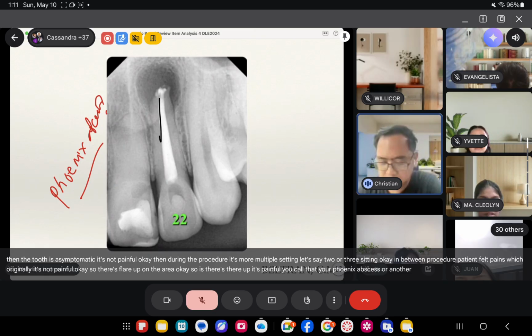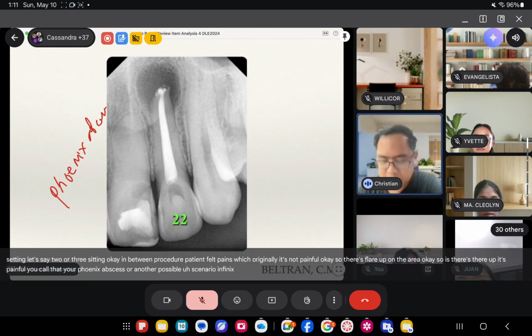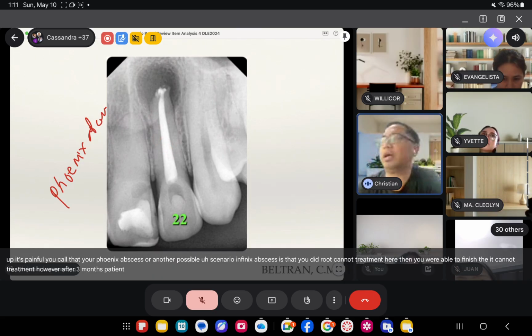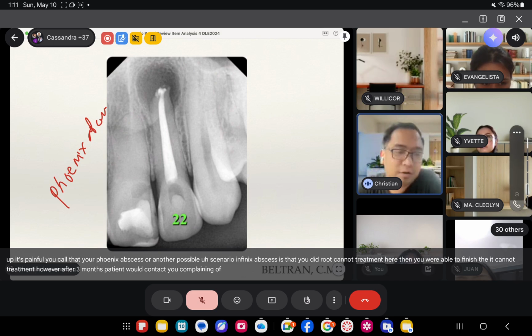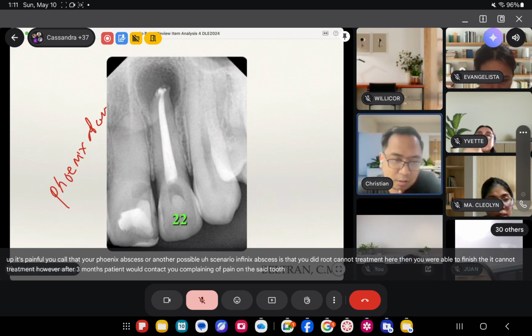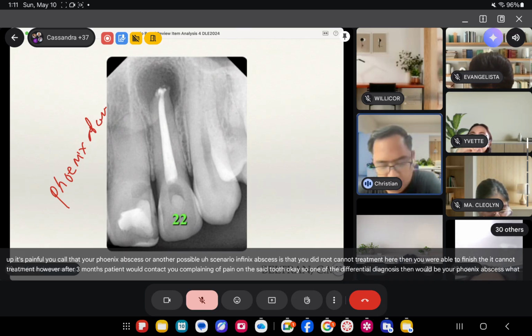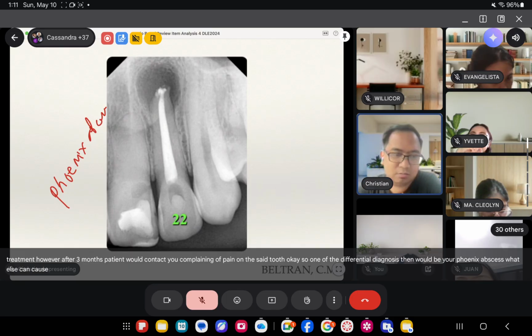Or another possible scenario in phoenix abscess is that you did root canal treatment here, then you were able to finish the root canal treatment. However, after 3 months, patient would contact you complaining of pain on the said tooth. Okay, so one of the differential diagnoses then would be your phoenix abscess. What else can cause pain?